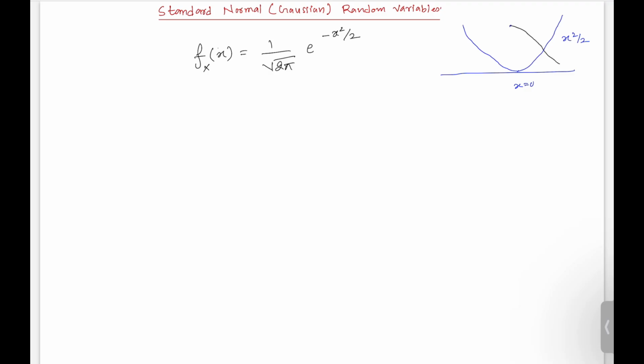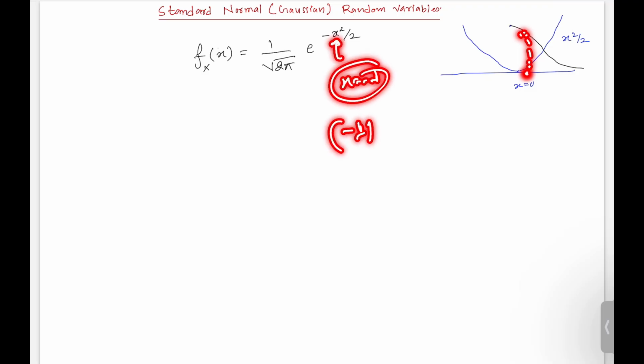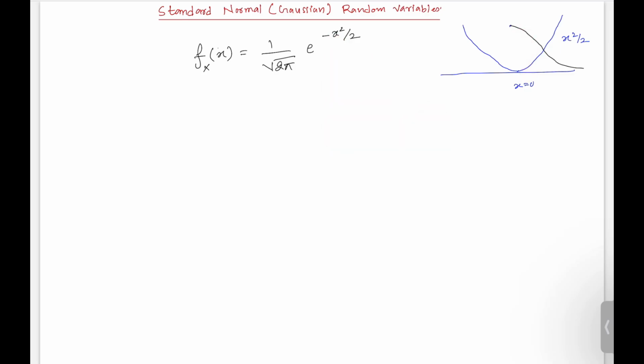And it will decay, and this will also be symmetrical because we have the x square term. Whatever value you get for x equals 1, you will get the same value for x equals minus 1, because minus 1 squared is 1. So it will be symmetrical around the point x equals 0.